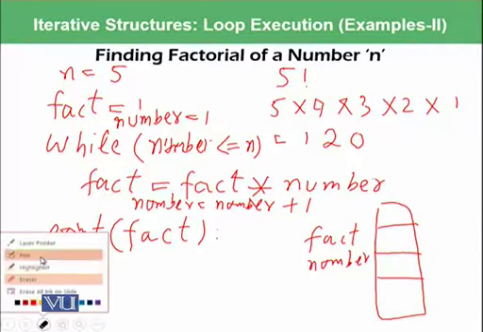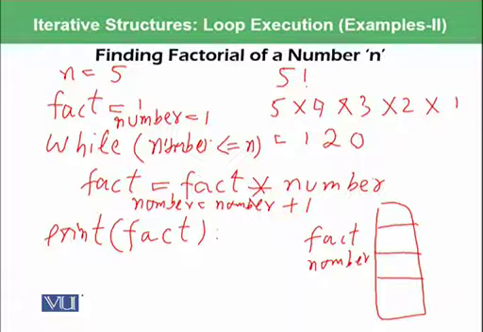So let's do it over here. Now fact is containing 24 and number contains 5. And then 5 into 24 will become 120, and that 120 will be stored in the fact.